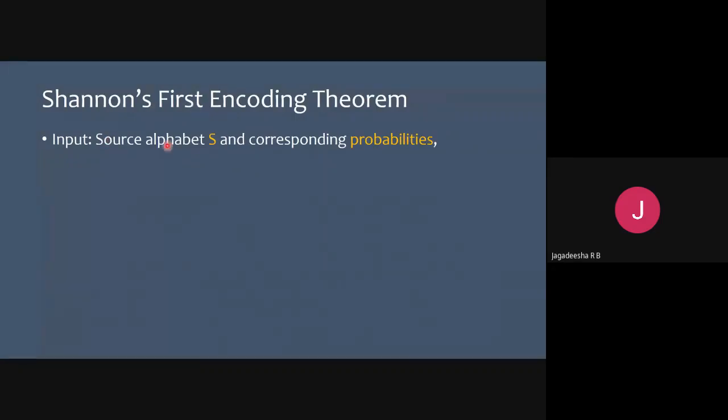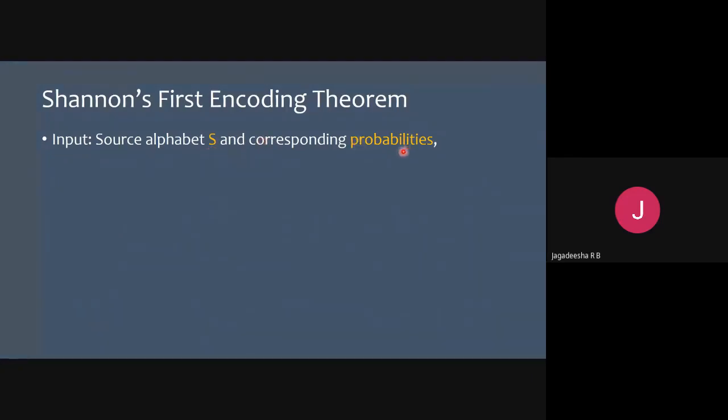So what is the input in this case? The source alphabet and the corresponding probabilities. There is a source that emits different alphabets or different messages, different photos, different videos, and so on. In general we'll call them different messages. The set of messages is represented as S, maybe S is equal to A, B, C. They are the different messages, and they will have different probabilities.